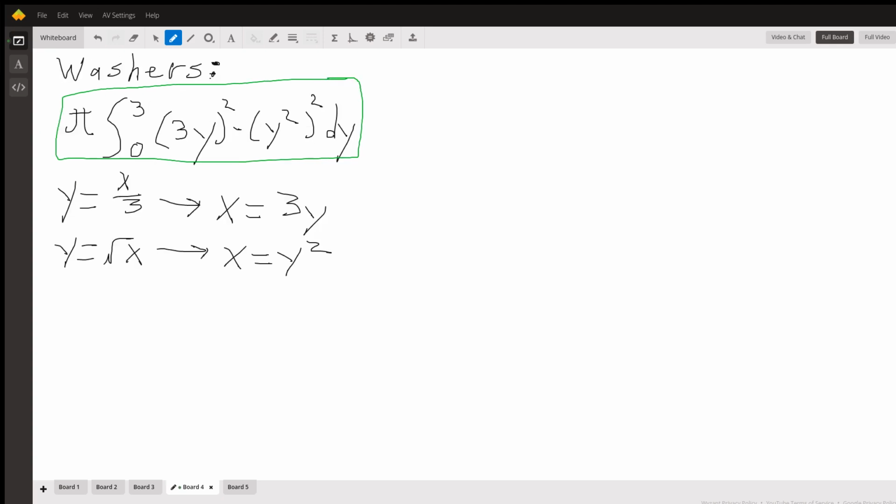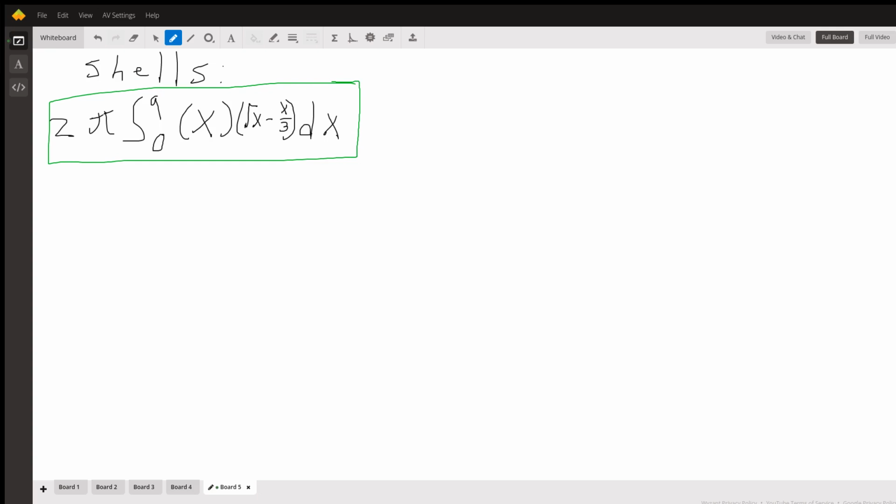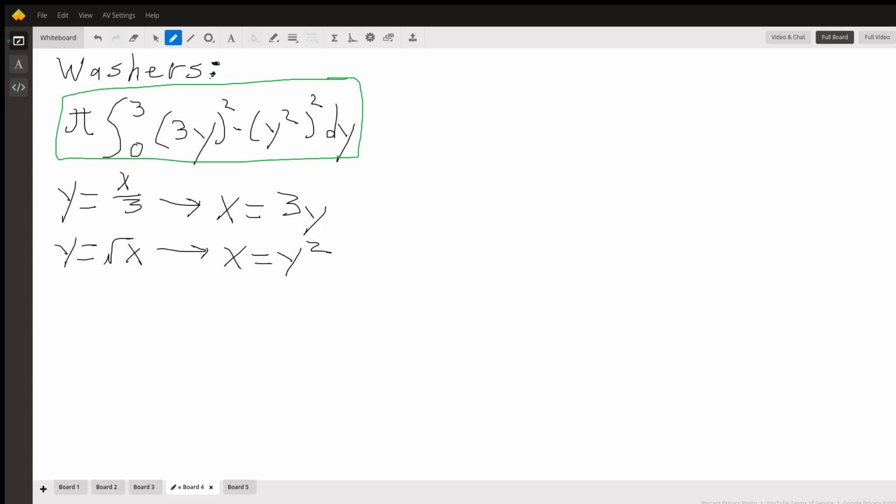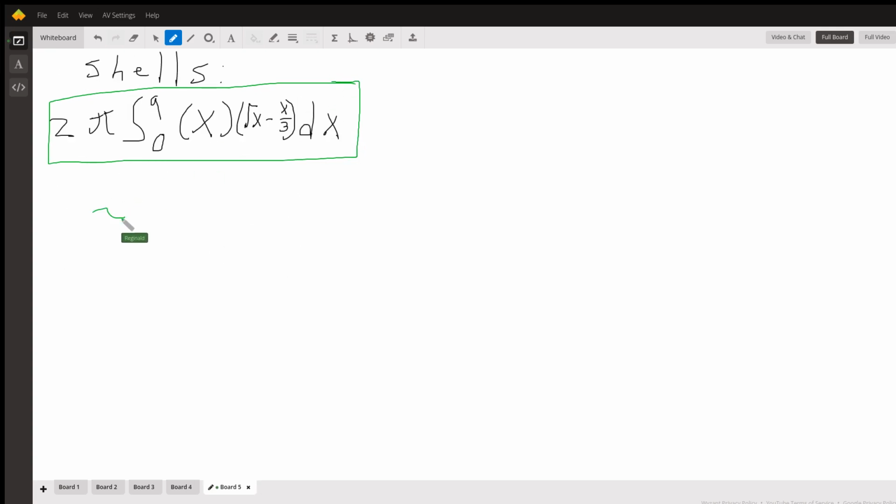I assume you know how to take basic antiderivatives. For both answers, for the shells and the washers, they come out to be roughly 101.79.